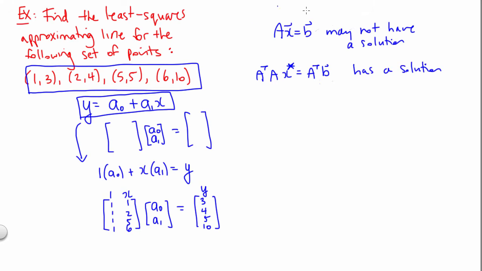Remember, the system Ax equals b may not even have a solution. x star here represents what's called the least squares solution to the modified system. And then just a technical condition here: this modified system will have a solution when the columns of A are linearly independent.